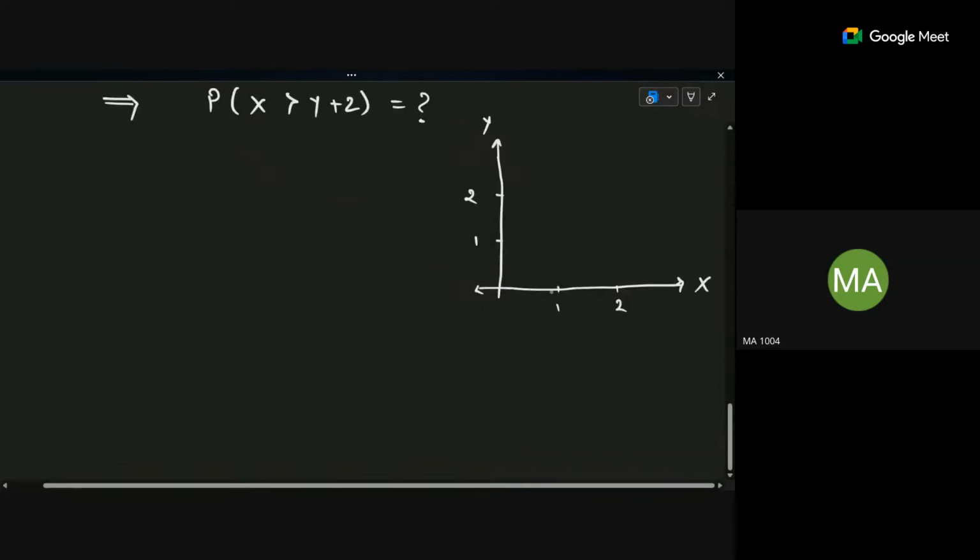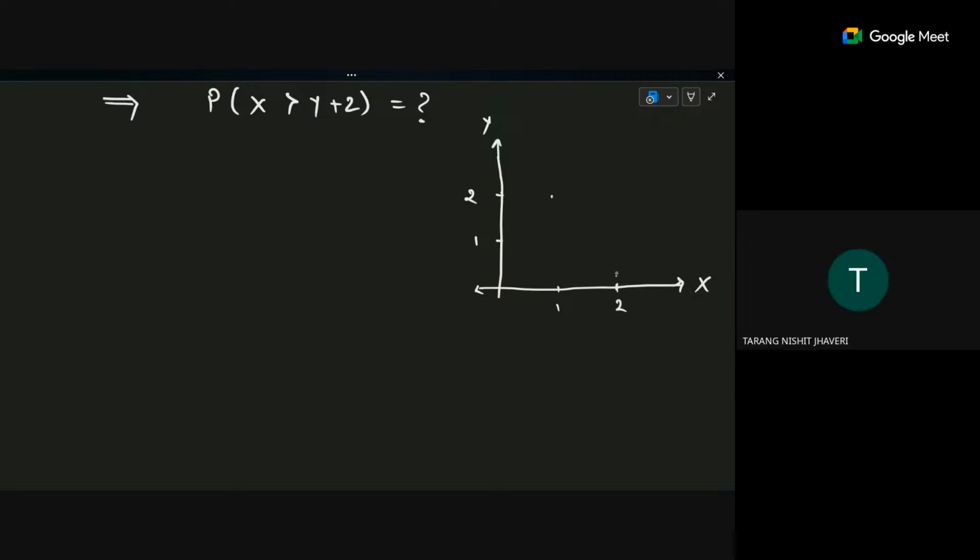So our graph is okay. x is lying between 0 to 2, so this is our x range. What about y? y is ranging between 1 to 2. Which one is our region?